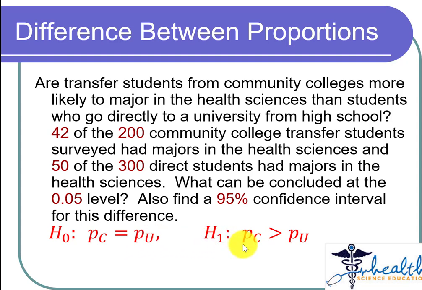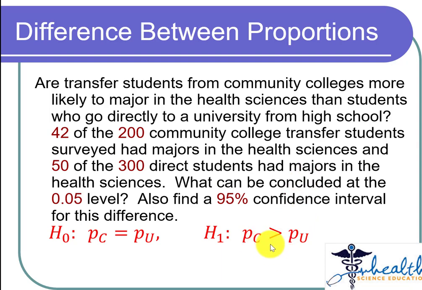H1 is that the population proportion of university students who transfer from a community college and want to major in health science is greater than the population proportion of students who came right from the high school and major in the health sciences.